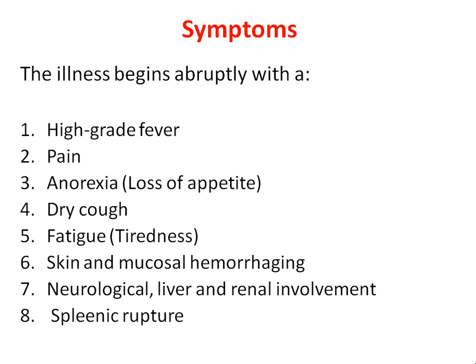Dry cough, fatigue, that is general tiredness, skin and mucosal hemorrhaging, that is bleeding, neurological, liver and renal involvement, that is the nervous system, liver and kidneys not functioning properly, and splenic rupture. The spleen is also infected, and infection is followed by inflammation.